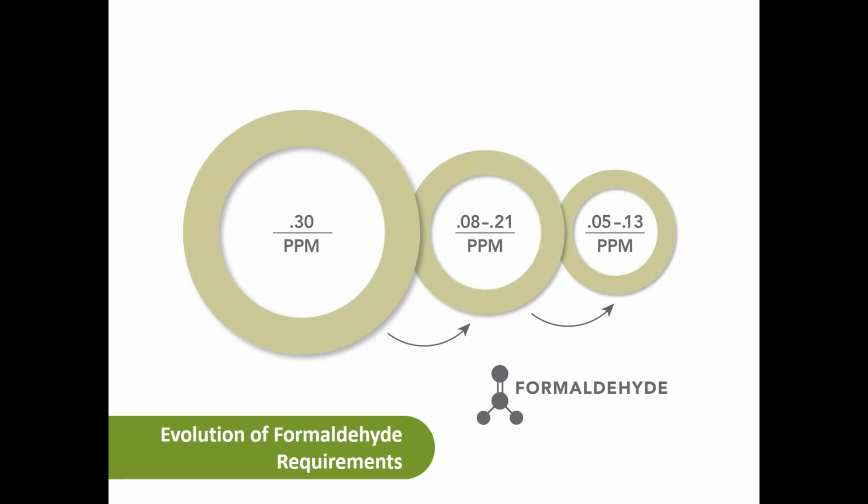To put this into perspective, sensitivity for formaldehyde usually ranges above 0.01 ppm in concentration. Prior to 2009, typical workplaces had a range of 0.3 parts per million to 0.5 parts per million in formaldehyde concentration.